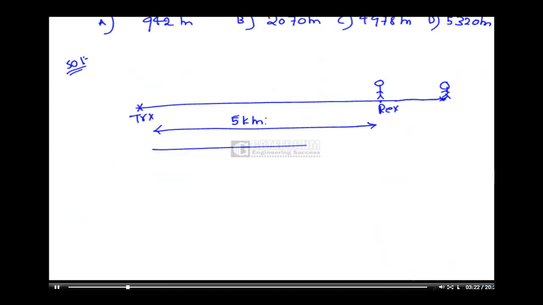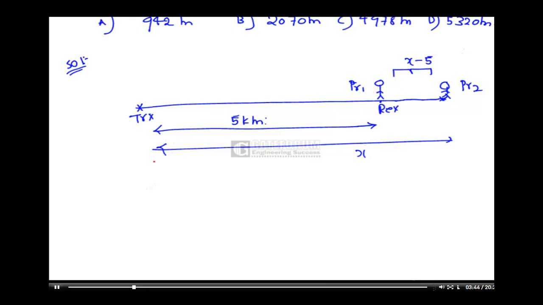So the total distance, considering from the transmitter, is x. So this is x minus 5. The distance is x minus 5. Suppose at this particular place the power received is PR1, and at this particular place the power received is PR2.